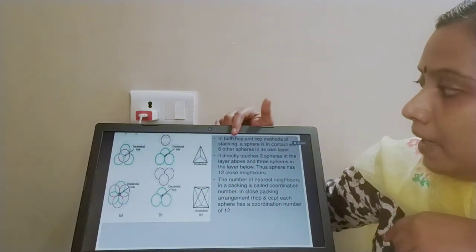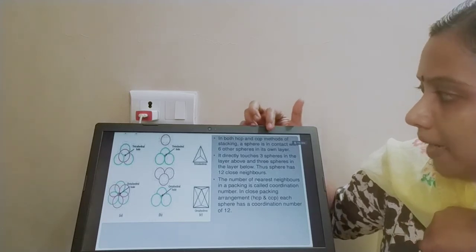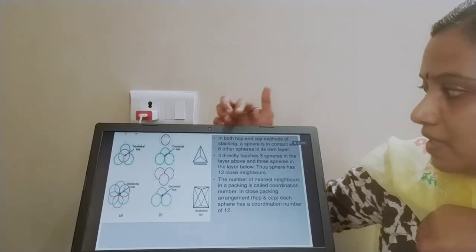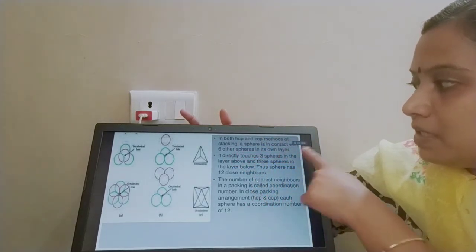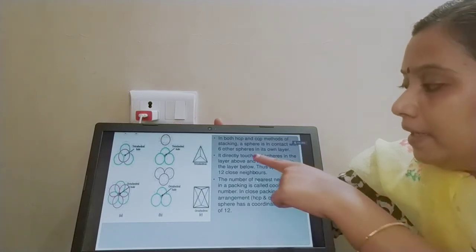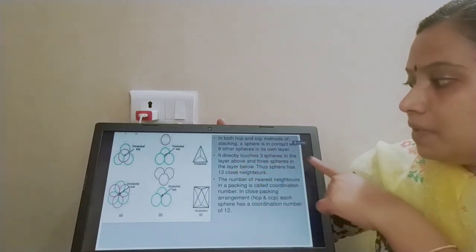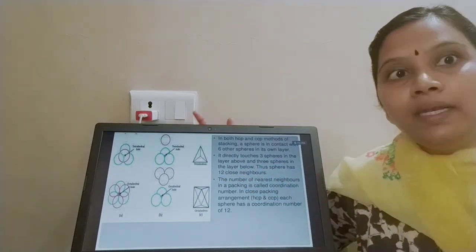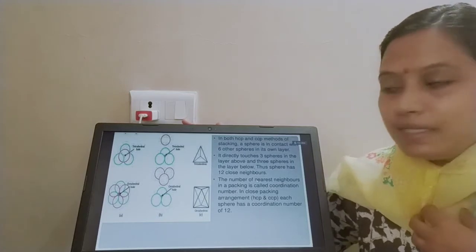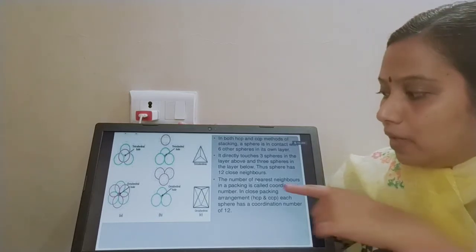So in hexagonal close packing and cubic close packing methods of stacking, the sphere is in contact with the 6 other spheres in its own layer. It directly touches 3 spheres in the layer above and 3 spheres in the layer below. So it has got 12 neighbors.